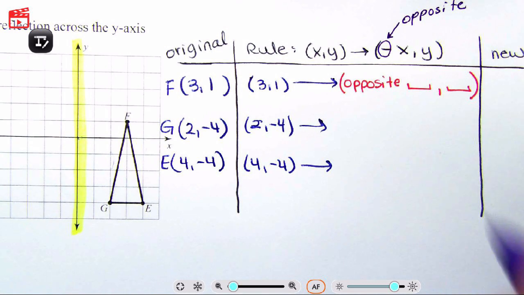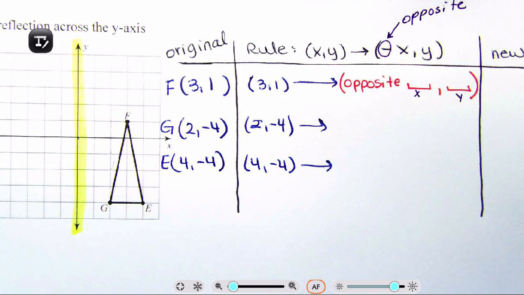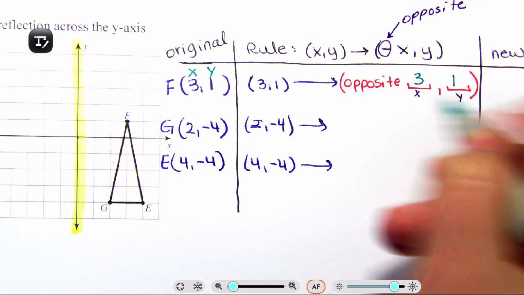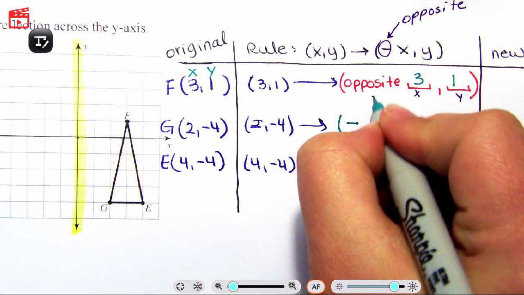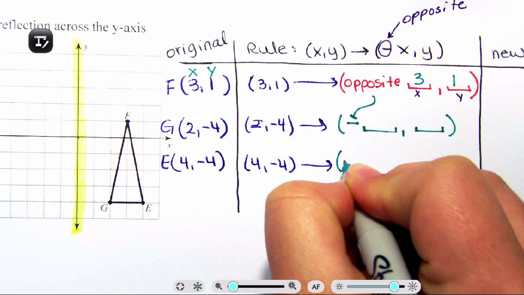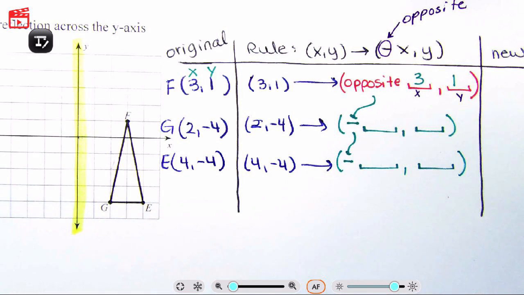So what you're doing here, this is going to be your x value, this is going to be your y value, but the negative represents the opposite. So what is your x value? Let's label these. So your x value is 3, your y value is 1. Again, this means opposite of your x value, comma, y value. Again, the negative means opposite, it does not mean negative.